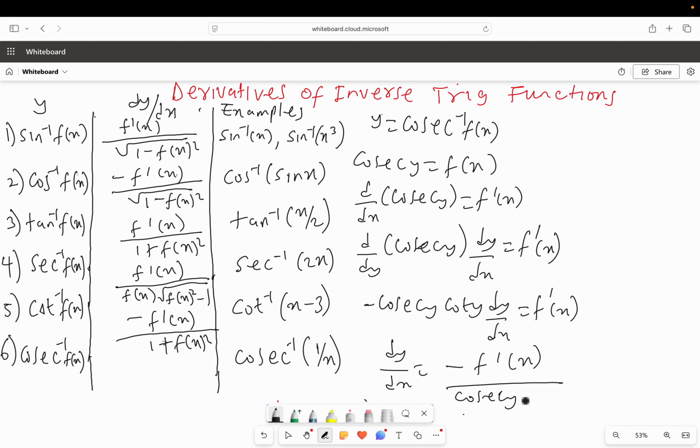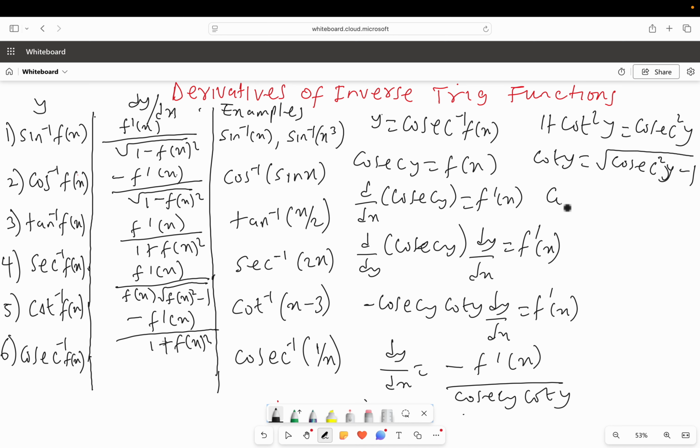cosec y cot y. But 1 plus cot squared y is just cosec squared y. So if I make cot y the subject of the formula, I will have cot y will just be the square root of cosec squared y minus 1. But my cosec y is f of x.